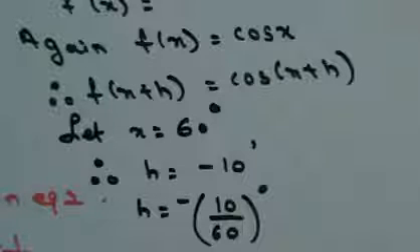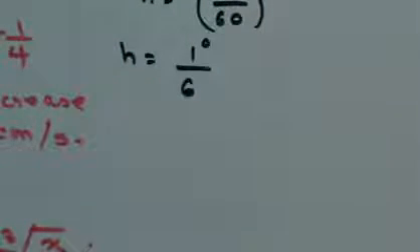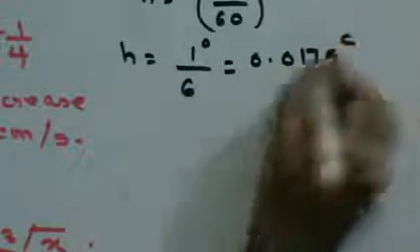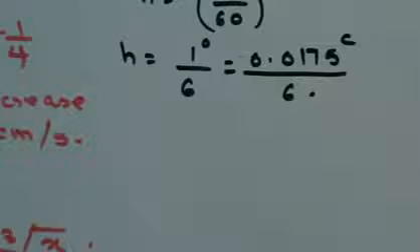So this can be written as 1 degree divided by 6. I'm converting here from minutes to degree. To convert from minutes to degree, I'm dividing by 60. That gives me 1 degree divided by 6. But the value of 1 degree is given to you as 0.0175 radians divided by 6.